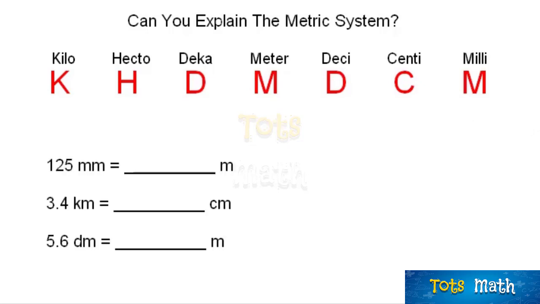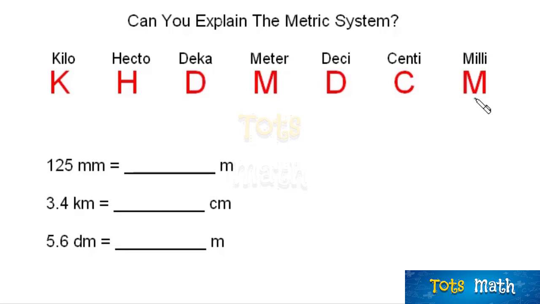So let's see how we can use this information to convert from one unit of measure to another. Now the first problem asks us to change 125 millimeters to meters. So we're going to go from millimeters to meters, from a small unit of measure to a larger one. Well, how many times larger? Well, let's find out.